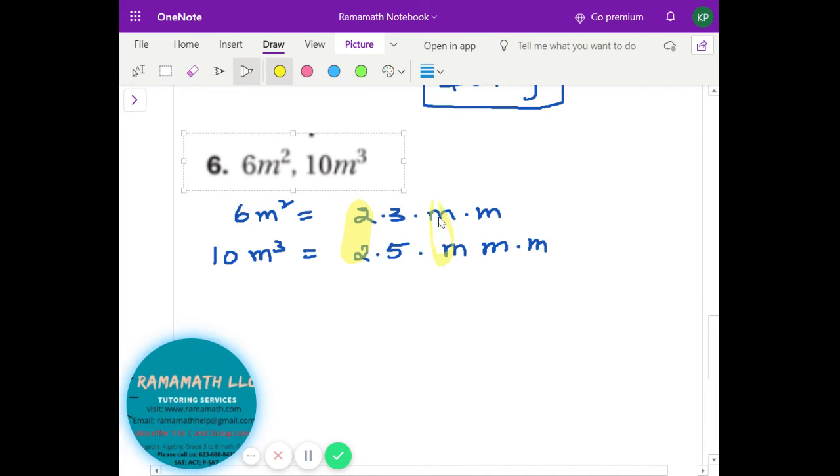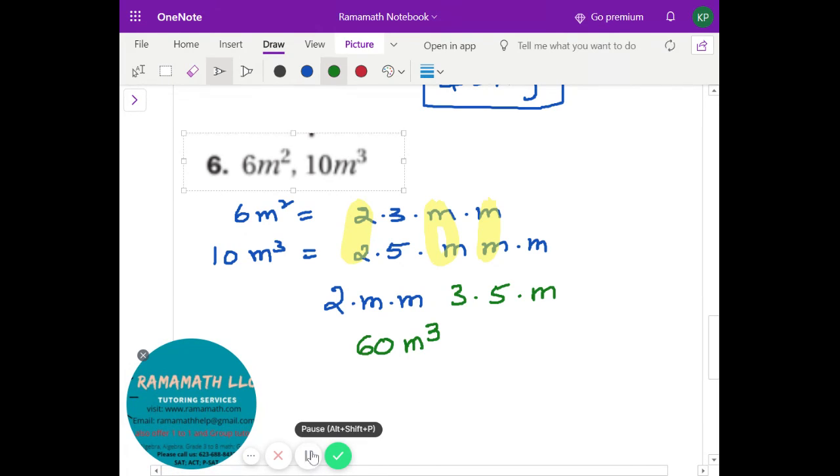So 2 is common, m is common, m is common. So I'm going to write down those first. Now the leftovers. I'm going to change the color. 3, 5, m. So multiply all. That's 10, 60, and 3 m's, so 60 m cubed.